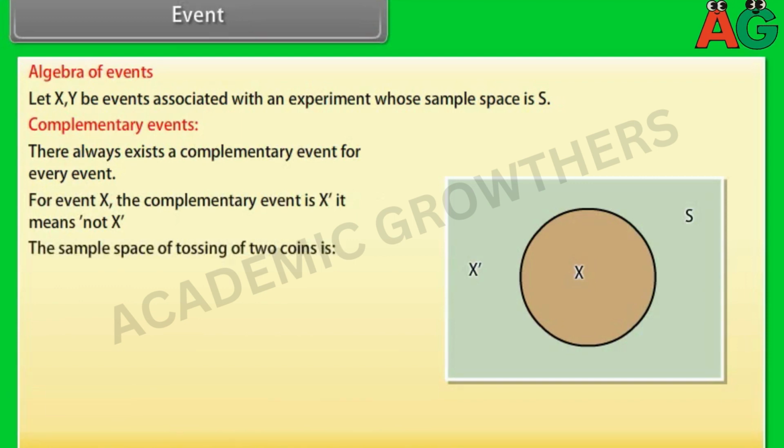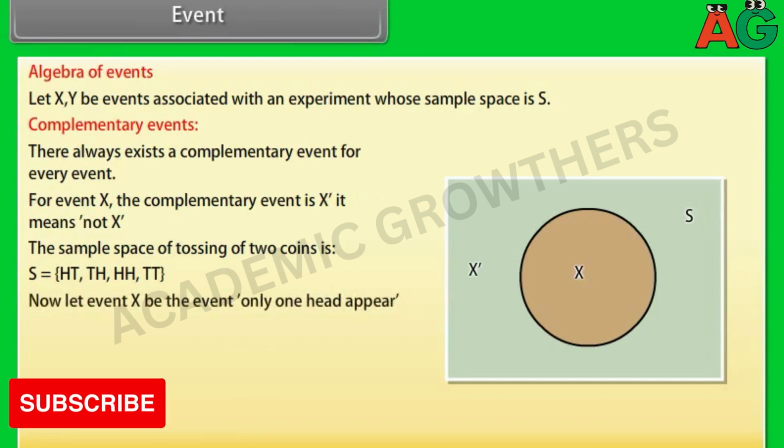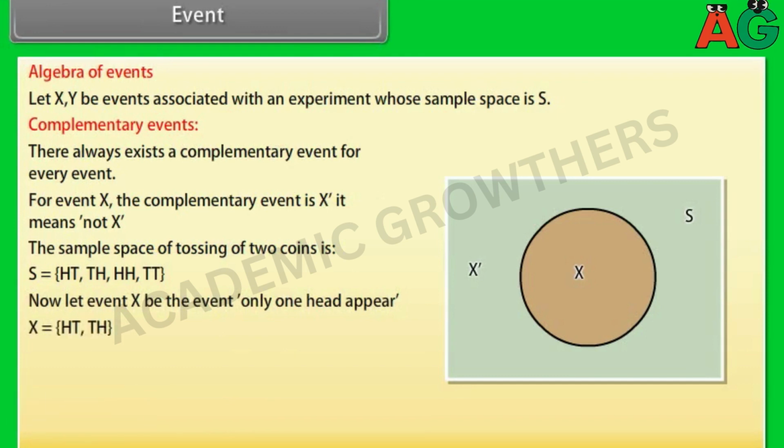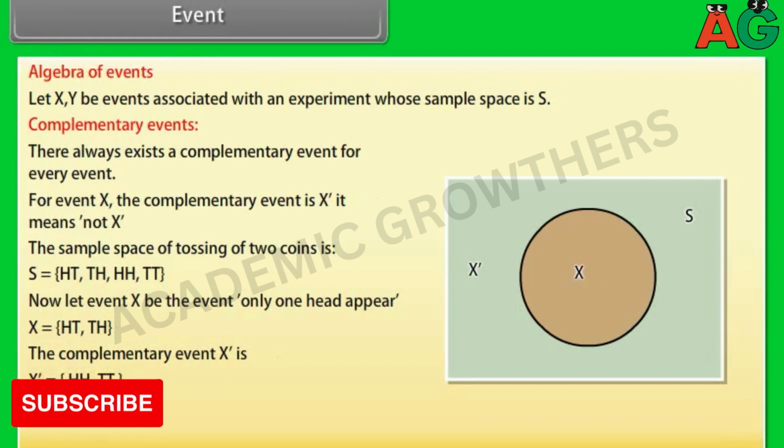The sample space of tossing 2 coins is S = {HT, TH, HH, TT}. Now let event X be the event only one head appears. X = {HT, TH}. The complementary event X dash is X dash = {HH, TT}.